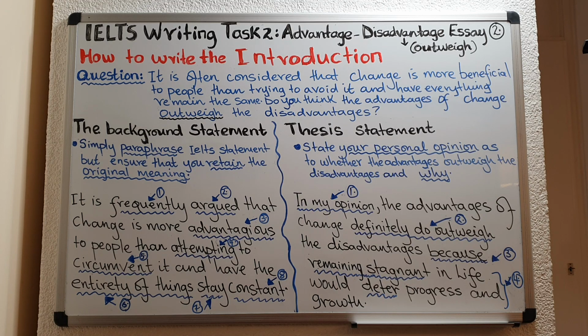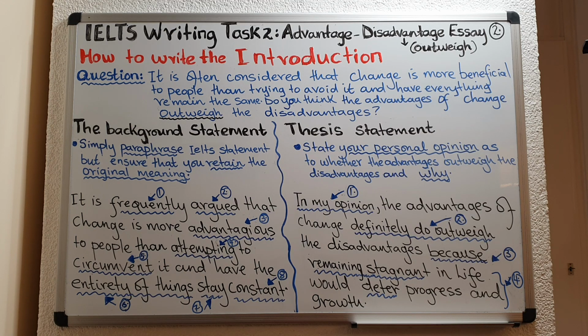I have used the word definitely to emphasize that this is my opinion and I'm very strongly convinced about it. Okay, so in my opinion, the advantages of change definitely do outweigh the disadvantages. So that is my personal opinion.